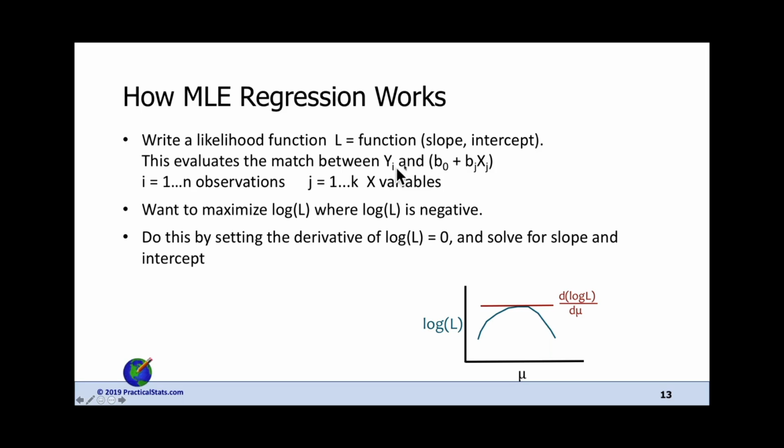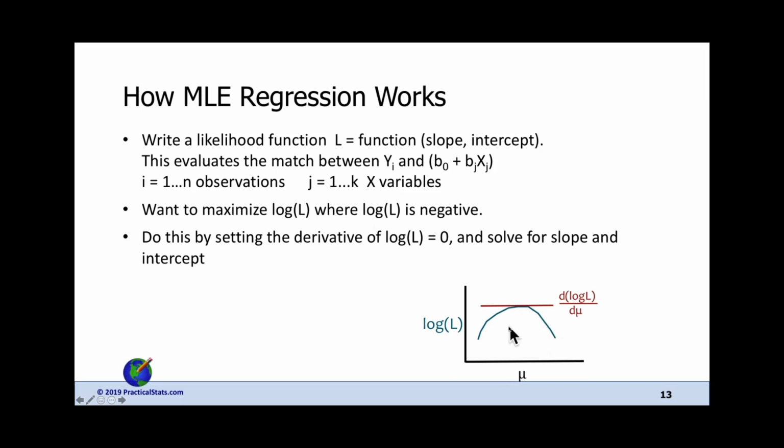And then it's going to take a measure of their difference, which is usually just the observed value minus this prediction, and pull those all together for all of the n observations to get a total value for L. And then try to change the intercept and slopes so that we can improve on that. What's actually going to be optimized is the log, the natural log of L, and finding its first derivative, which would give you that inflection point.